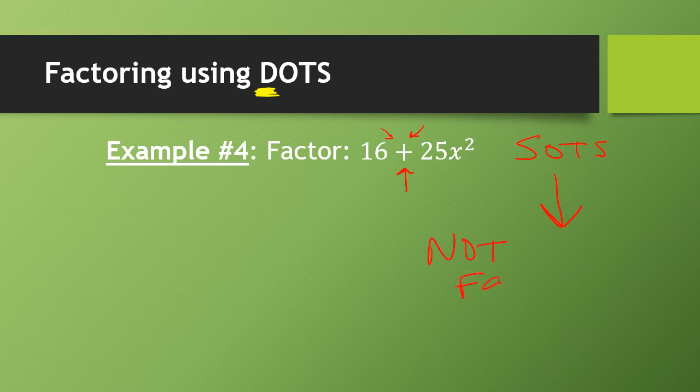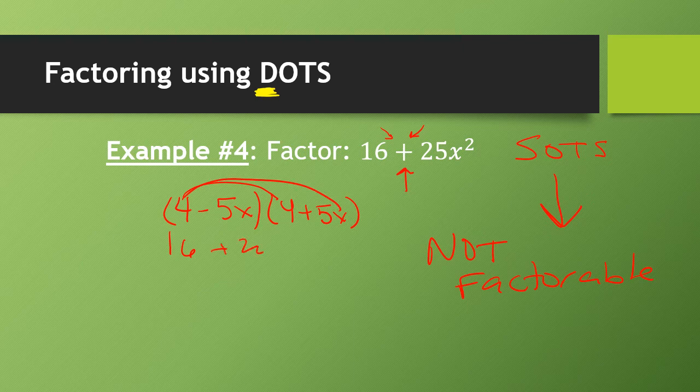Okay, so if I try to factor this like I do all my other ones, if you try to do 4 minus 5x and 4 plus 5x, when you get ready to multiply, it's all fine and dandy, but not really, because here we get 16, here we get plus 20x, here we get minus 20x, and then minus 25x squared.